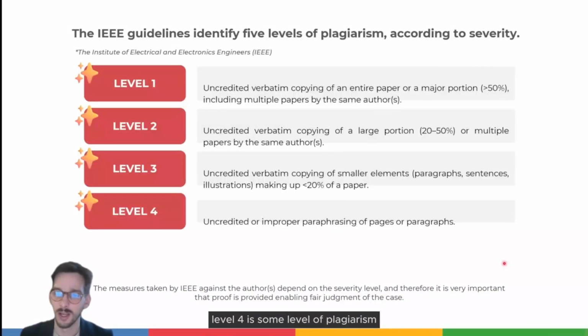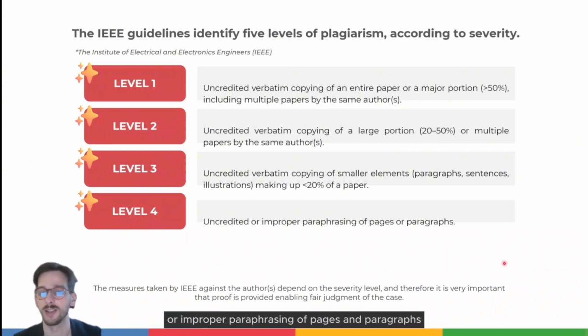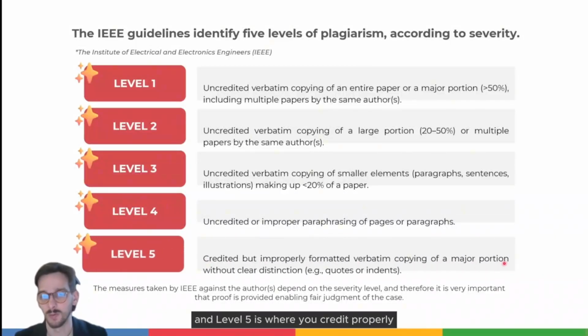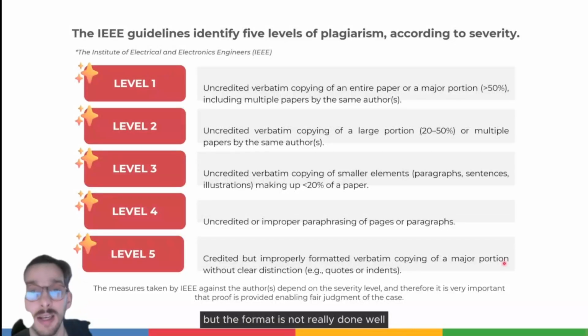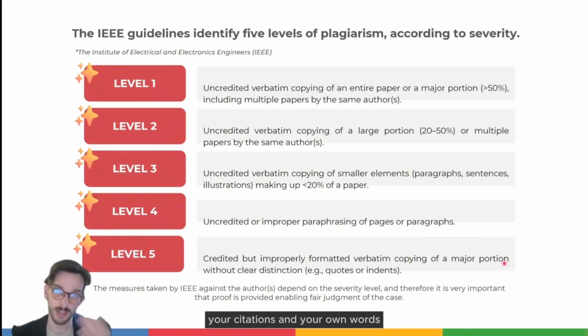Level 4 is some level of uncredited or improper paraphrasing of pages and paragraphs. And level 5 is where you credit properly, but the format is not done well, so it's not quite clear the difference between your citations and your own words.